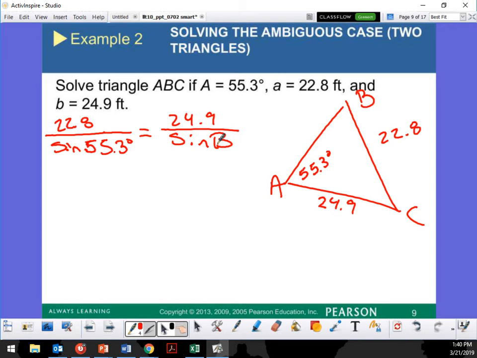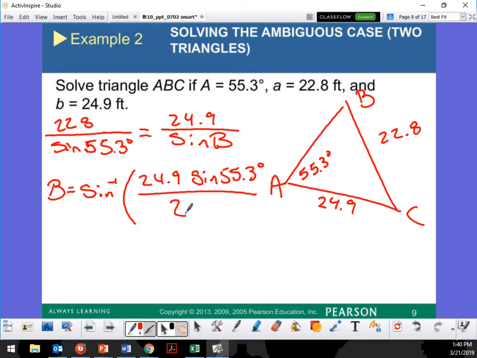So, if I remember the steps, B is equal to inverse sine of 24.9 sine 55.3 degrees over 9.89.